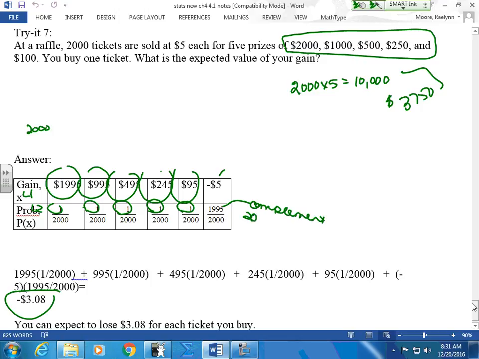My 2,000 minus 5 winners. This is what's left over. This is if I don't win. I've already spent my $5. So that's the only part you're really going to have to figure out, those probabilities, to make it a net gain, net loss. Sound good?